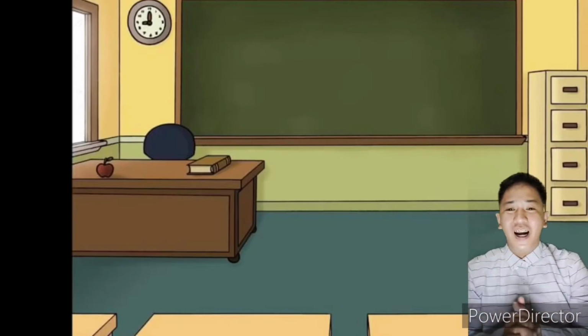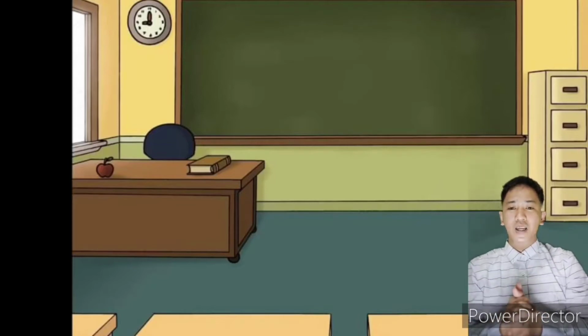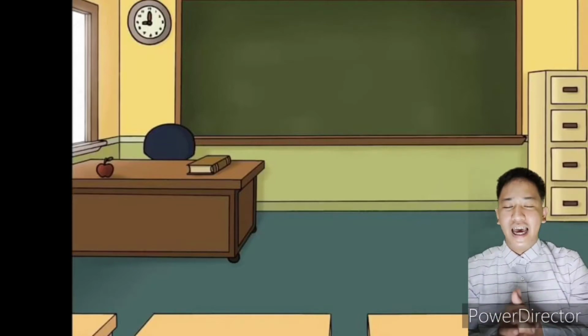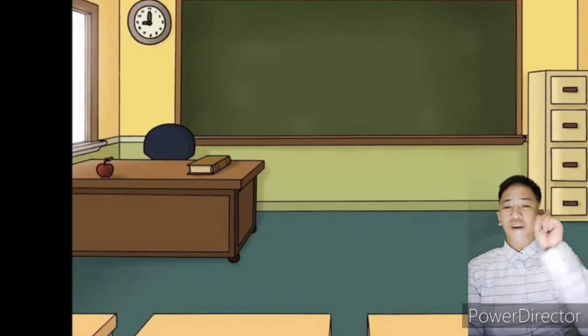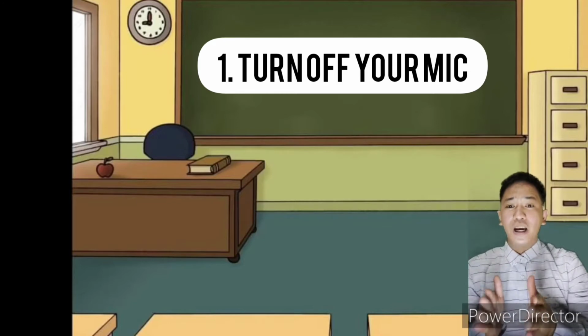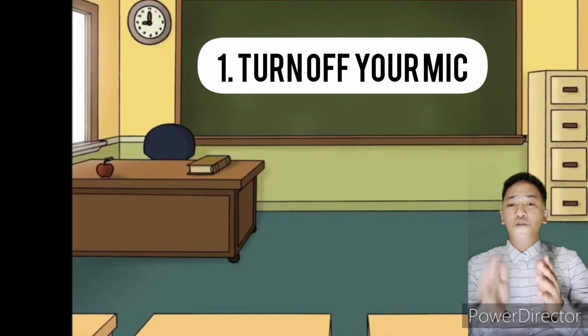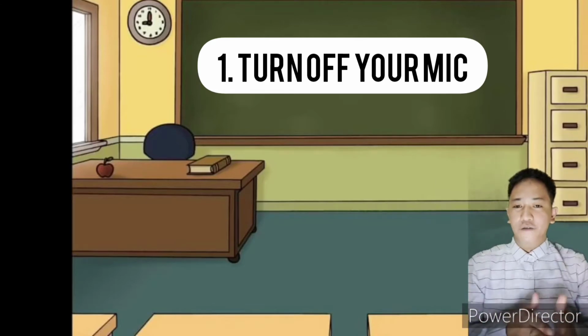Before we start, I just want to remind you of some rules that we need to follow in attending online class this morning. First rule is to turn off your microphone, especially when you are not speaking. If you want to recite, please wait for me to call your name before you turn on your microphone.